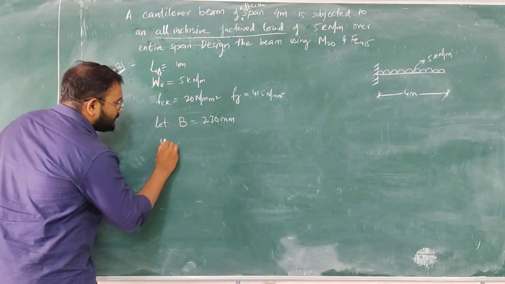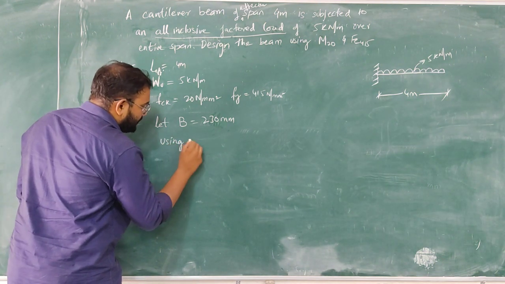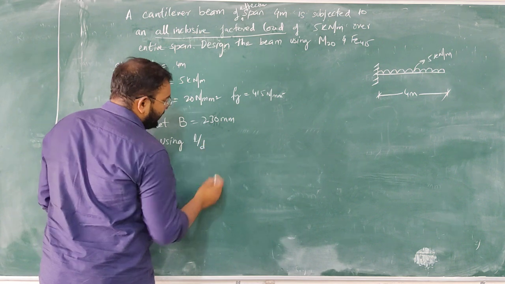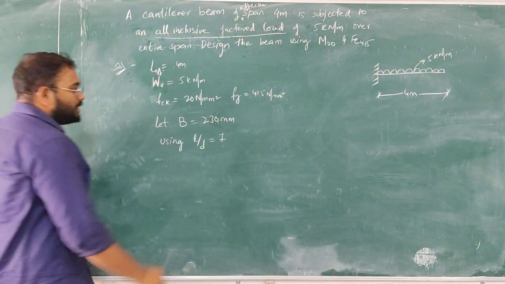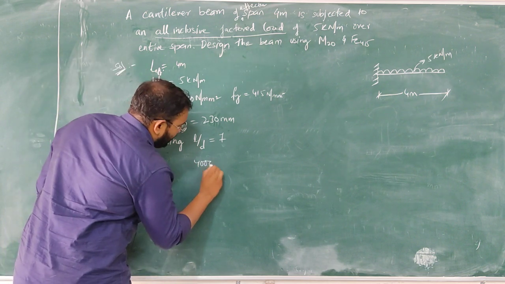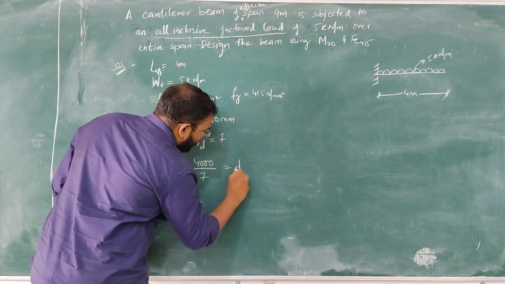Now using span to effective depth ratio, using L by d ratio, which is equal to 7 in the case of cantilever beam, 4000 divided by 7 is equal to small d.